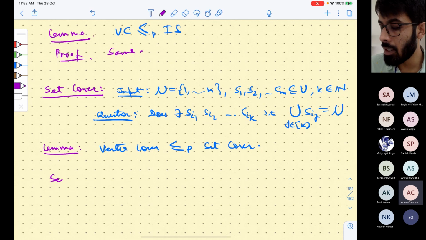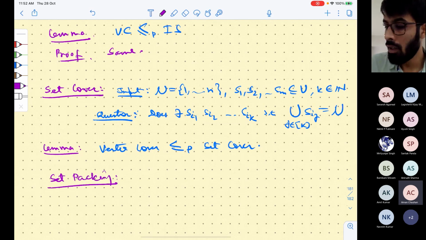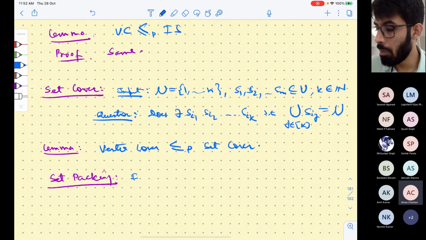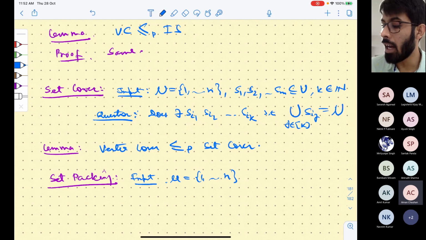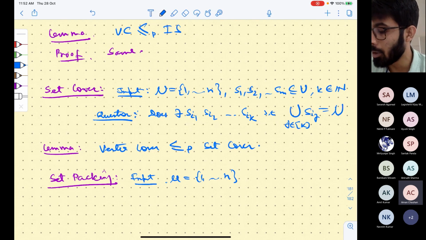Similarly, there is this thing called set packing, where the input is again the same: universe U of 1 to n, just like a graph. A graph is like all the sets having size 2, and this is a generalization to sets of a graph.